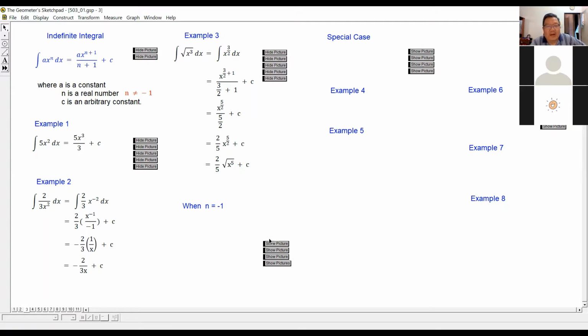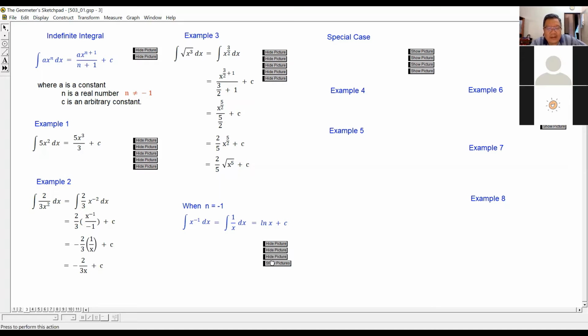Undefined. Now, to tell you what actually happened is like this. When you want to integrate x to the power -1 dx, or you want to integrate 1 over x dx, the actual answer is log x plus c. You remember the form 4 you learned about logarithm? Yes. So the answer is log x.